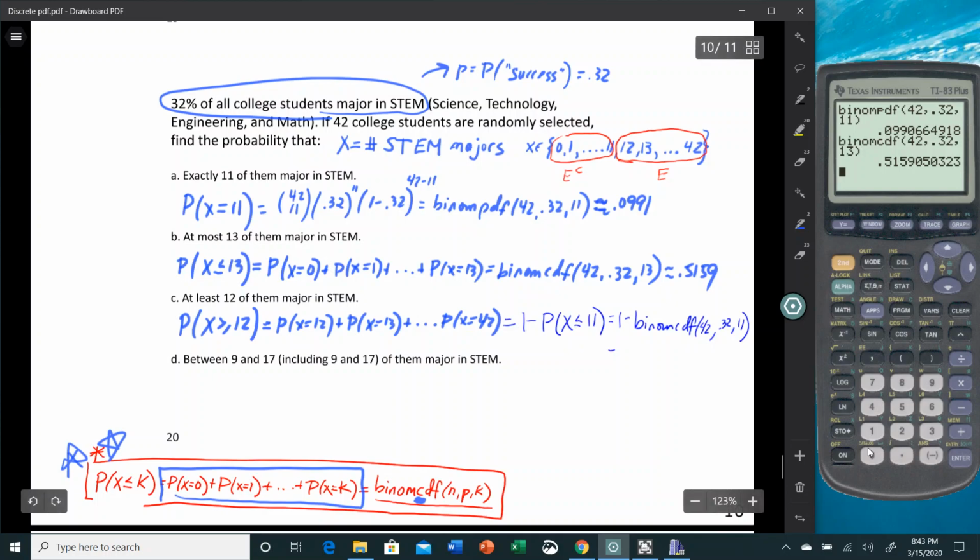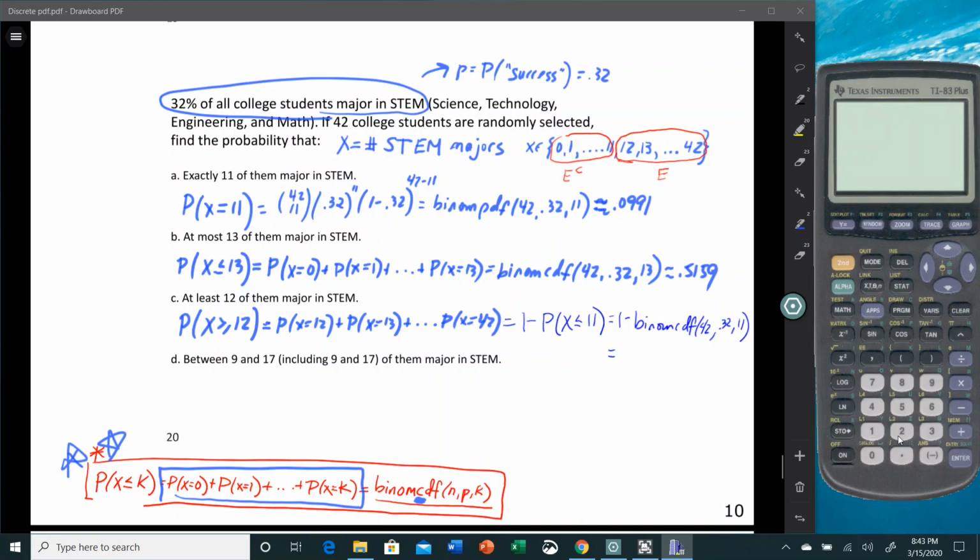So I want 1 minus the binomial CDF, n is 42, p is 0.32, and the upper bound in this case is 11.